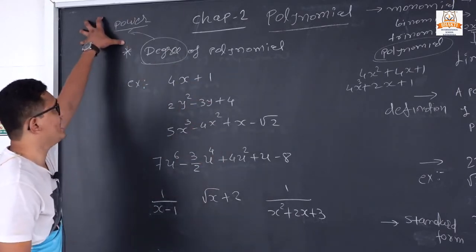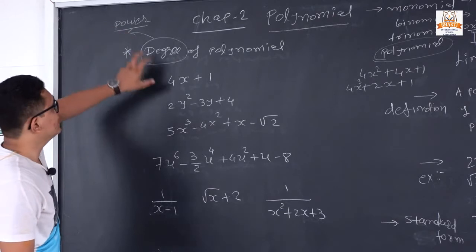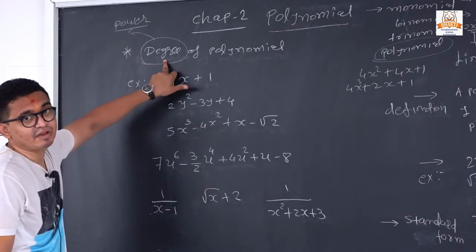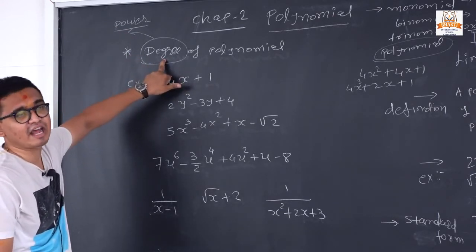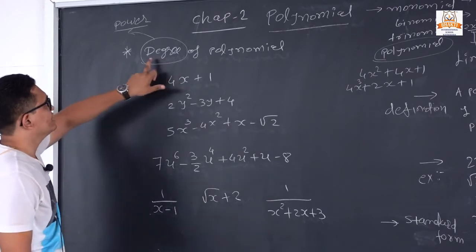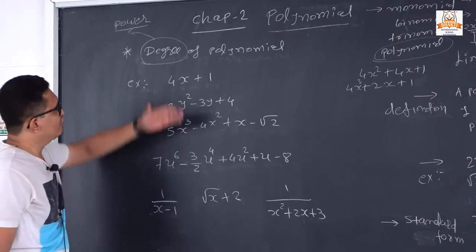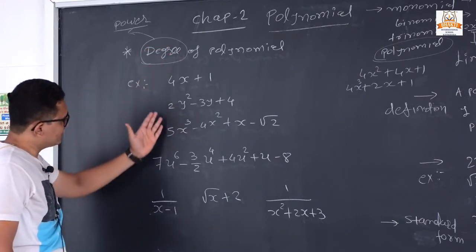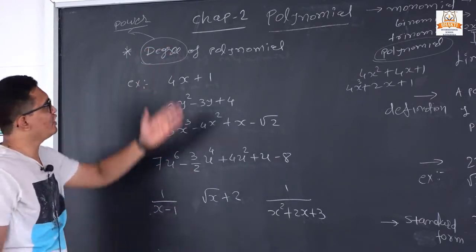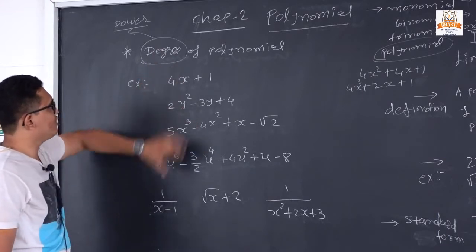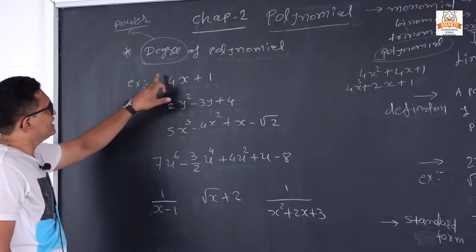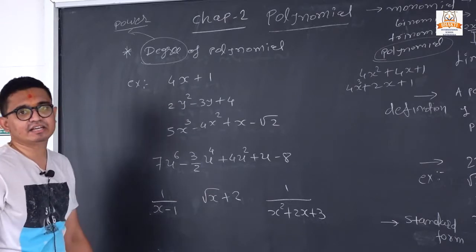The maximum power of any algebraic expression is called its degree. Now we are going to learn some examples, so from them you can get an idea of what the degree of an algebraic expression is.